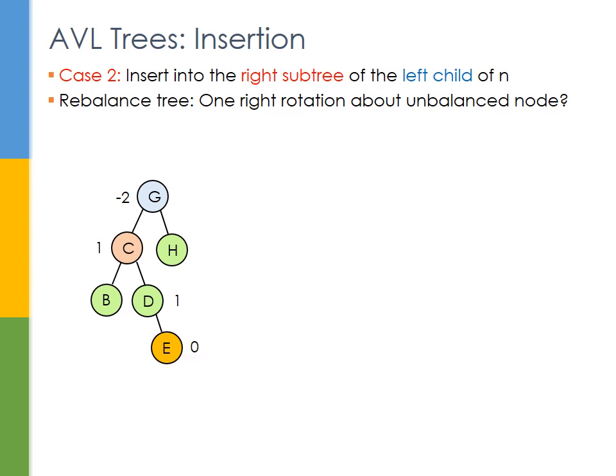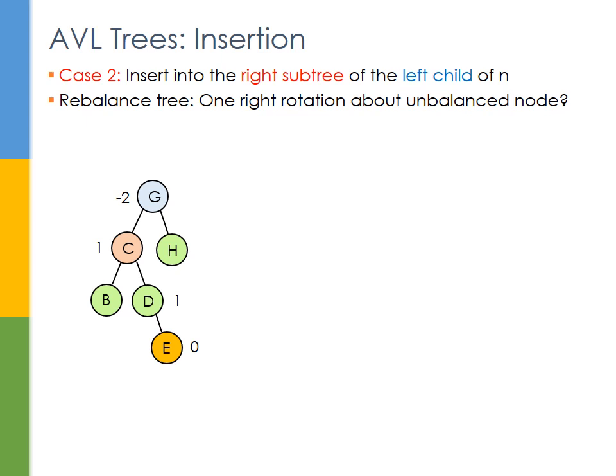The balance factor of D and C are both 1, which are valid balance factors, but when we get to node G, we have a balance factor of -2.